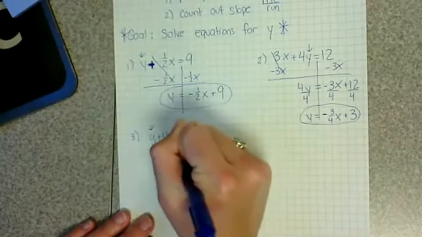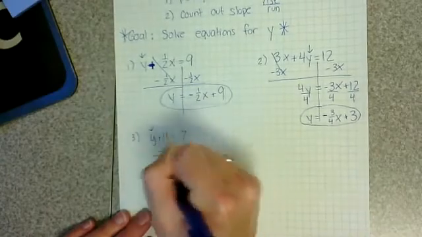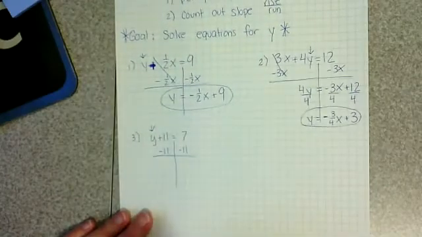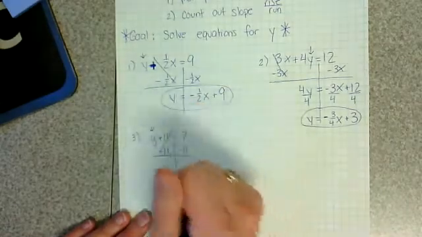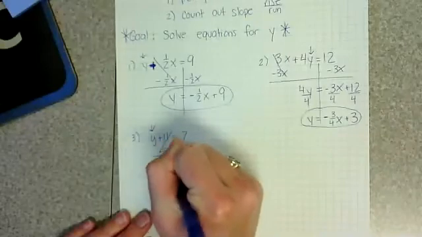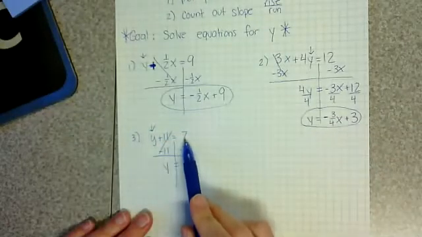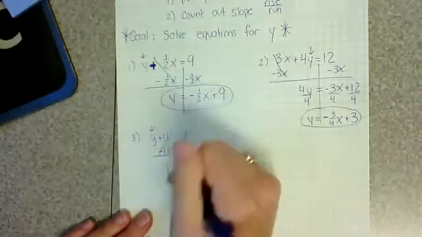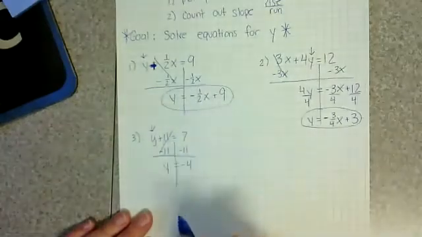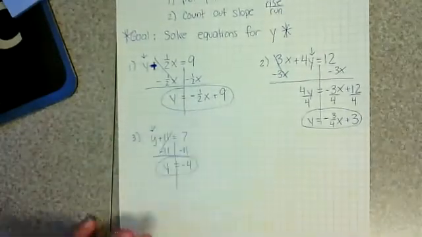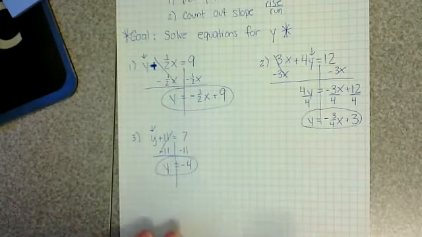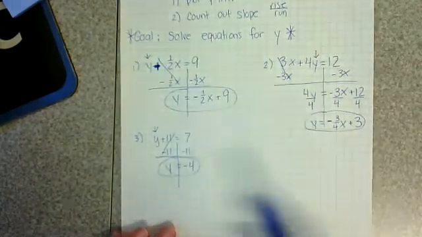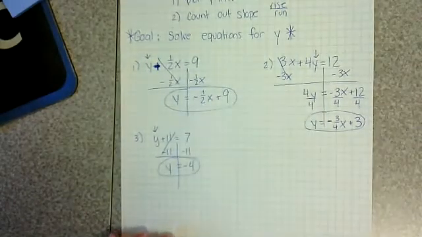Since it's positive, I'm going to subtract. 11 minus 11 cancels out. y is equal to 7 minus 11, negative 4. Done. This equation just had no x term, unlike these two. So I'm just going to end up with y is equal to a number.